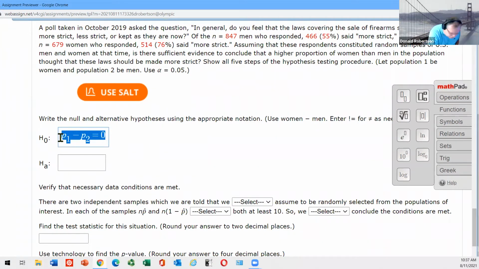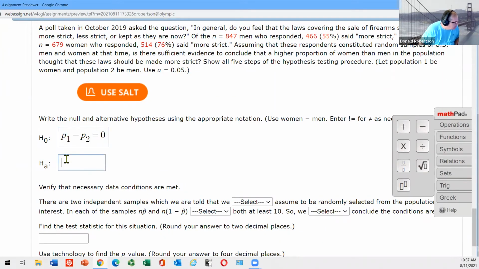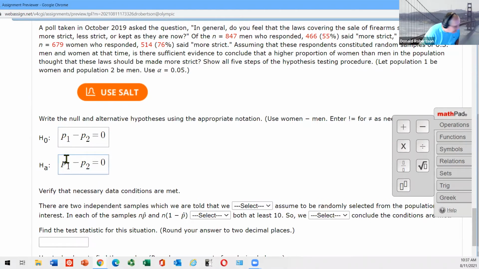Alternate hypothesis. More women than men. Now you got to be careful. John is taller than Mary. Mary is shorter than Tom, right? Is this going to be a greater than, a less than, or a not equal to?